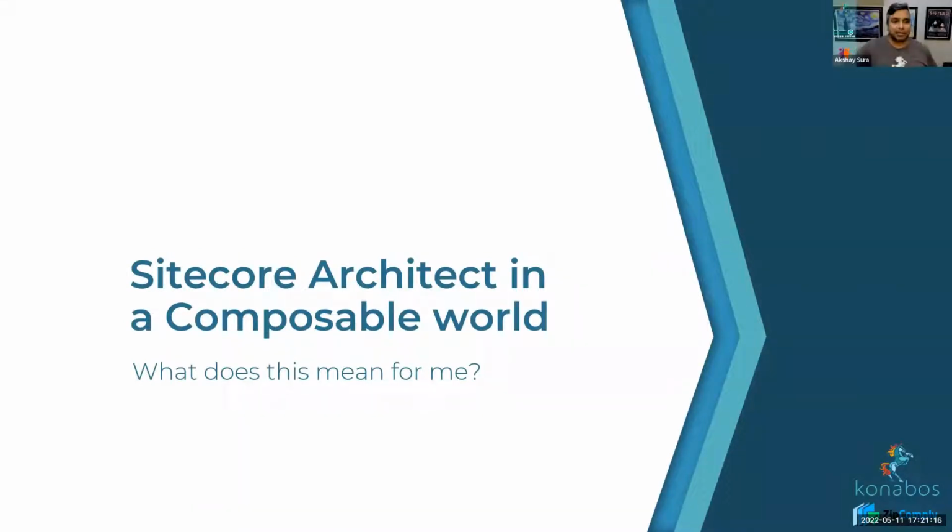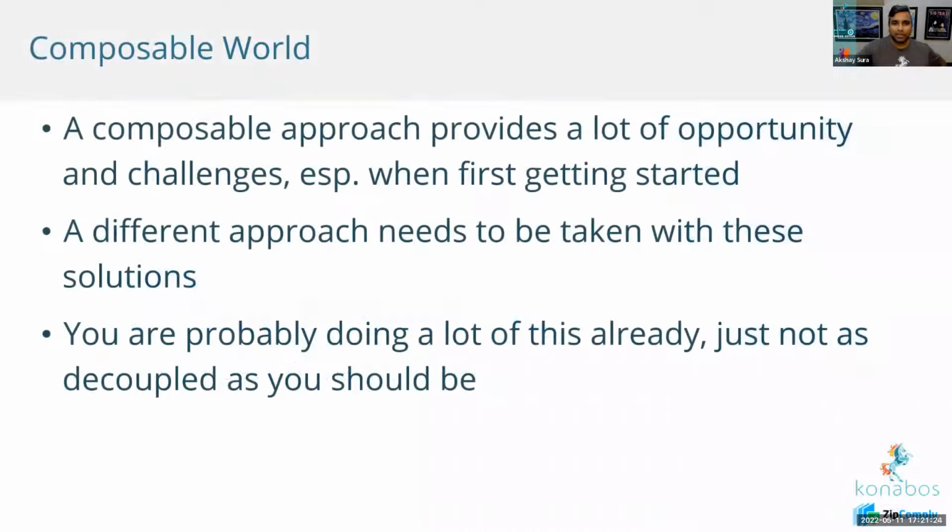So what does it mean to me being a Sitecore architect in a composable DXP world? It's a tricky question because I almost feel like we have been a Sitecore architect in a composable DXP world, because not all of our implementations for Sitecore do not have other systems we integrate with. So in my mind, we're already doing quite a bit of this.